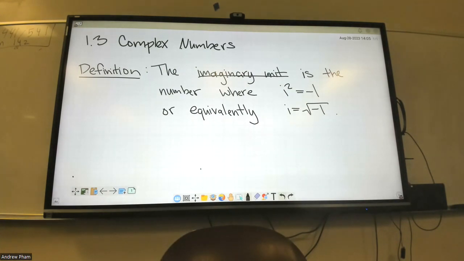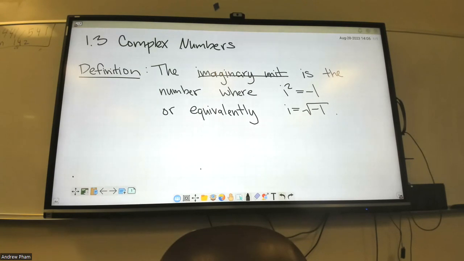You can imagine, I used the word imagine already. i stands for imaginary. And I mentioned this before, I believe for this class as well. Even though it's called an imaginary number, that doesn't mean it has no use. There's a lot of things that you can use imaginary numbers for. For upper level math, it actually helps a lot for a lot of calculations, computations.